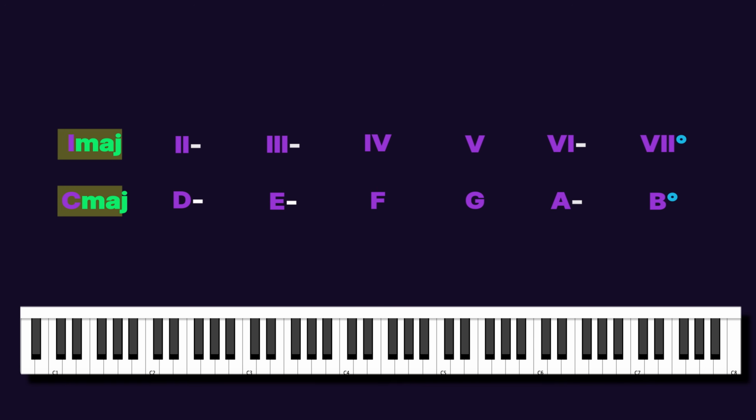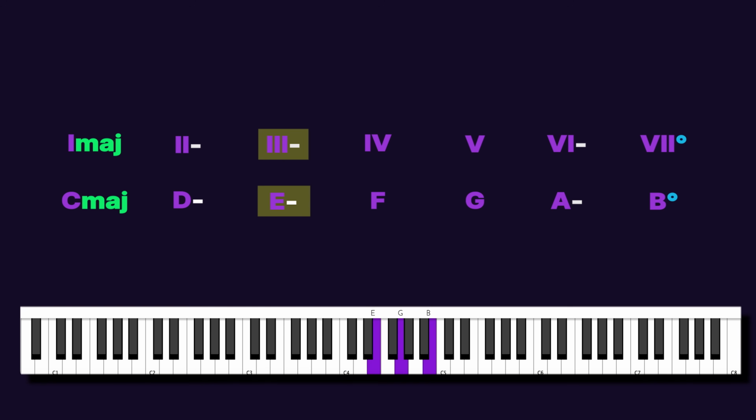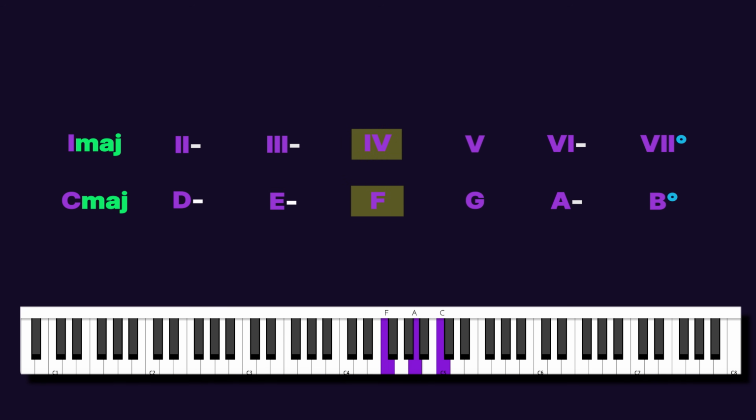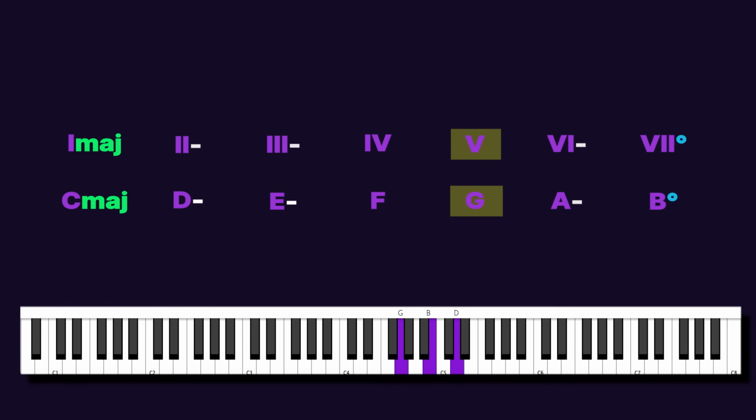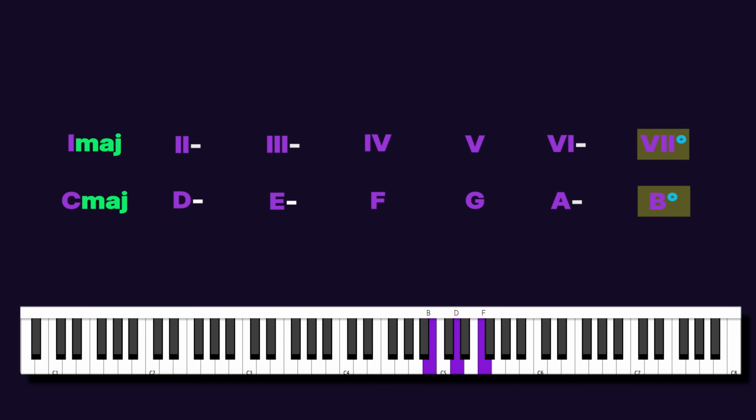So in our major key, our harmonic chord formula is 1 major, 2 minor, 3 minor, 4 major, 5 major, 6 minor, and 7 diminished.